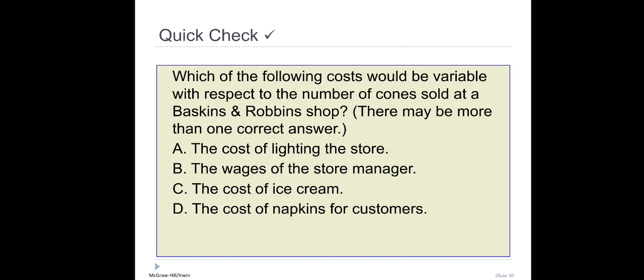I think it is a fixed cost, because no matter how many ice creams the shop sells, the cost of electricity for lighting the shop is the same. If the business has 6 LCD lights, for example, the cost is the same. If the business sells 1 ice cream or 2 or 3, the lights that the business uses are the same. So I think A is a fixed cost.